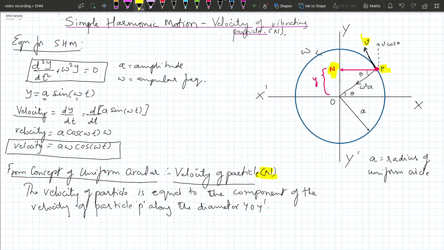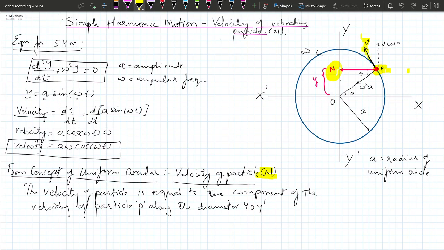The velocity of the particle executing SHM is equal to the velocity component of the point P. Look at this, this is the point P which is executing a uniform circular motion, but still at this point P there is a linear velocity in this direction.